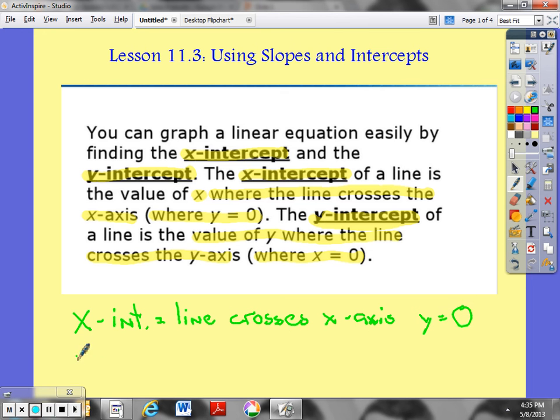And then the y-intercept, or where it intersects the y-axis, that's where x is going to be equal to 0. Which makes sense again, because if the line is crossing over the y-axis, that must mean x is equal to 0. Okay, so let's take a look at an example real quick.